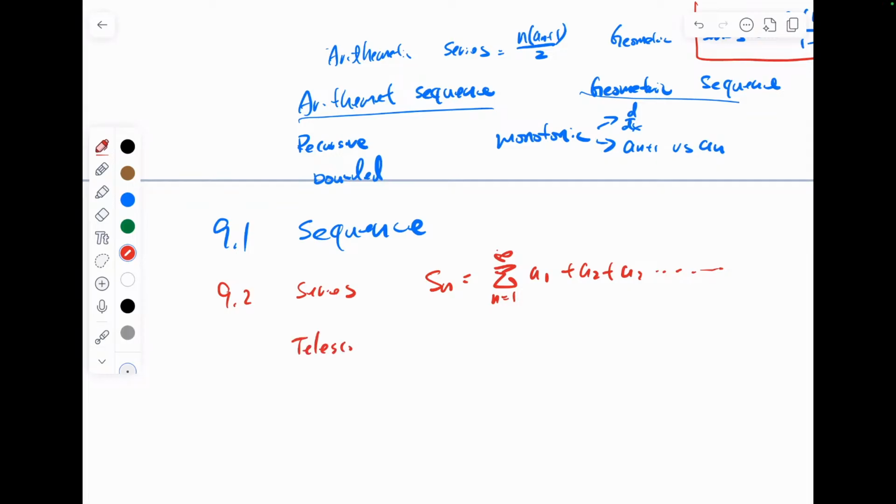Telescoping, right? Telescoping series. After that, we showed you an example of a telescoping series, which looks something like this: summation of n equal to 1 to infinity of 2 over 4n squared minus 1. And we say we have to do what?